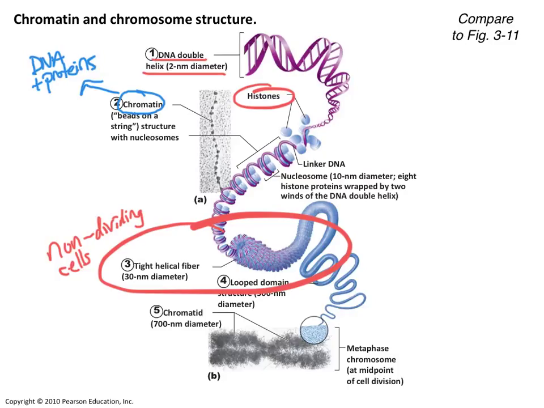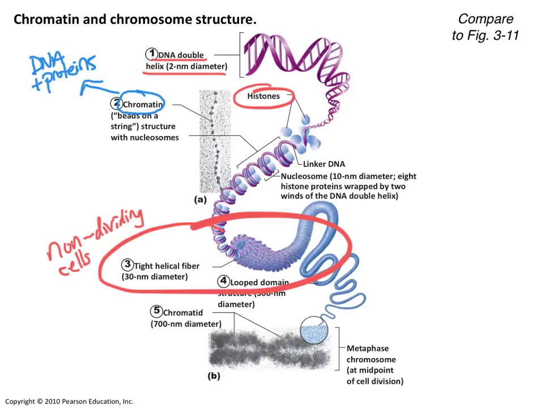When a cell is getting ready to divide, it becomes really, really important that the chromatin become as tightly wrapped as possible, because you don't want chromosomes breaking apart in the middle of cell division. That would be very bad, and very bad things do happen when that occurs.